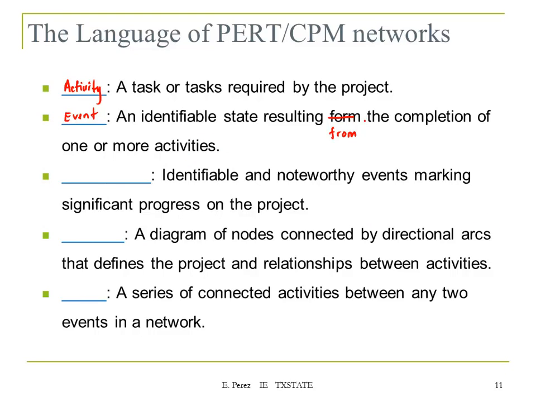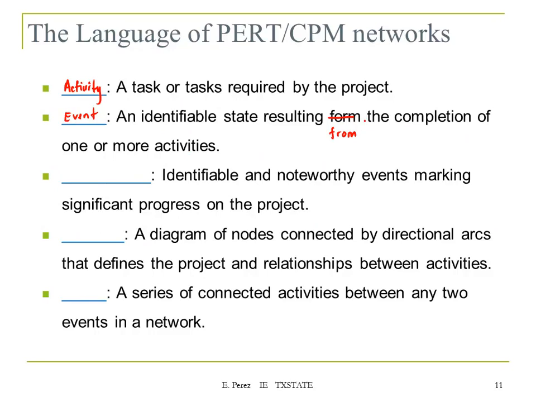So an event is an identifiable state, something where you can say, okay, I'm processing this part. It's going to take me 30 minutes. So the machine is going to be busy for 30 minutes, and after that, the machine is going to be idle. So busy and idle are those two identifiable states.